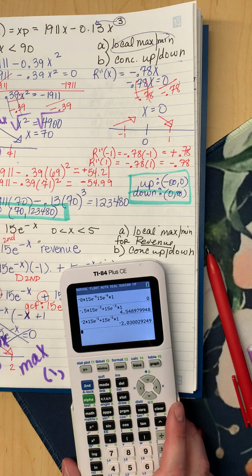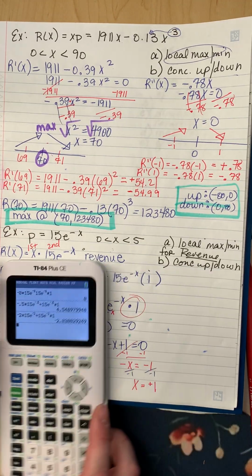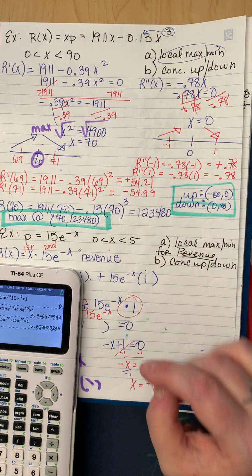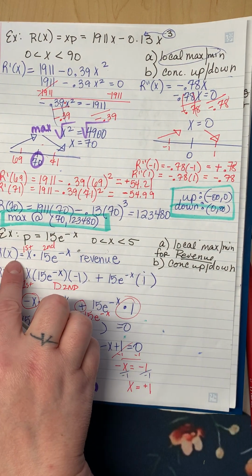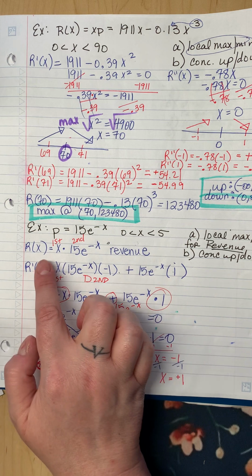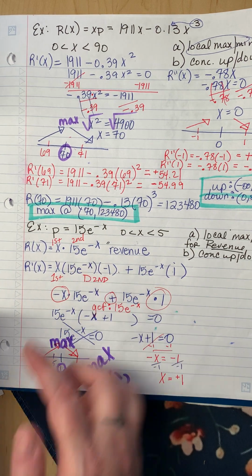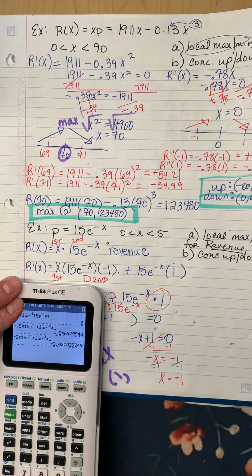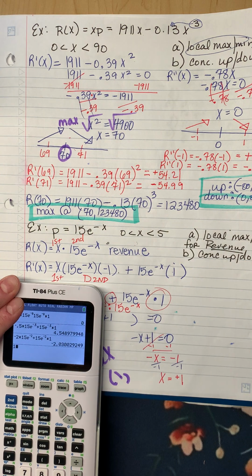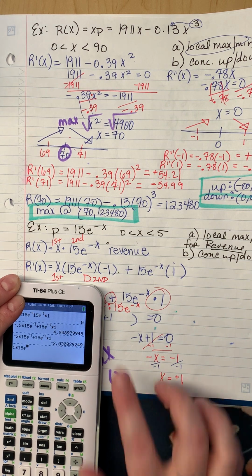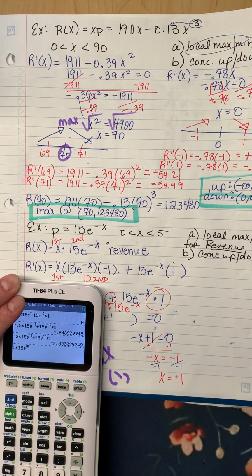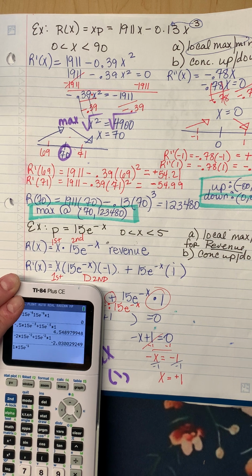Not the original p equation, but the original r equation. We're not plugging it back into this p, we're plugging it back into this revenue, x times 15e to the negative x. So instead of x, I'm going to put 1, times 15 second ln, and in the air, instead of negative x, I'm going to put negative 1.